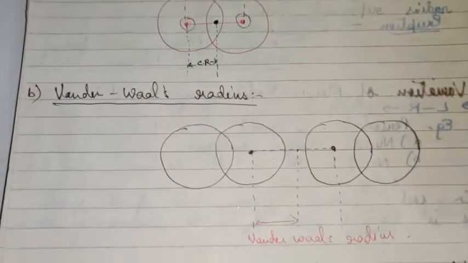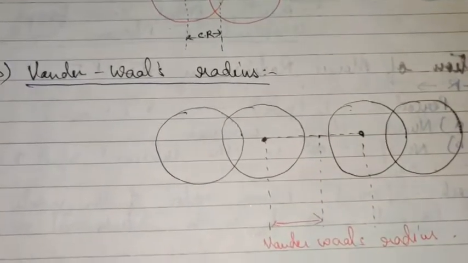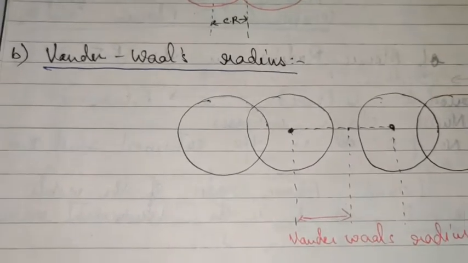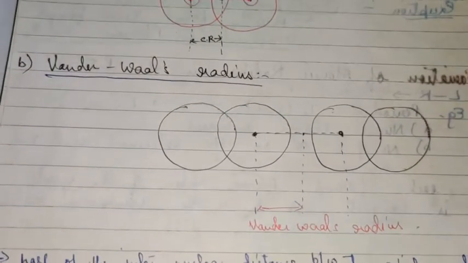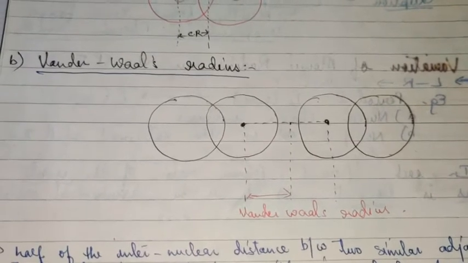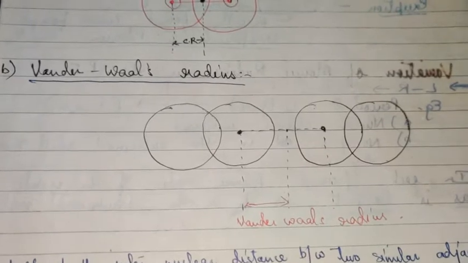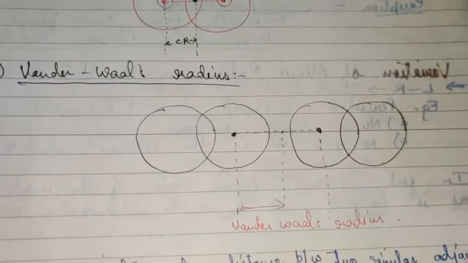Now coming to the second category, the van der Waals radii. So again, before you understand van der Waals radius, you need to recall what is van der Waals force of attraction. Van der Waals force of attraction is observed among the molecules.